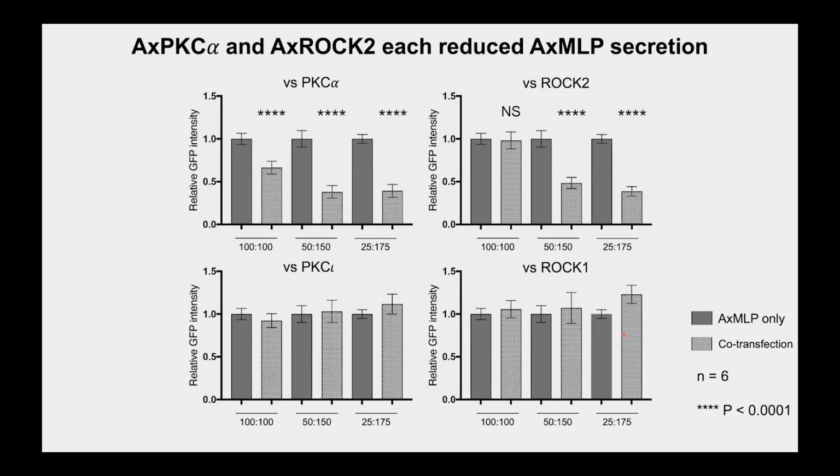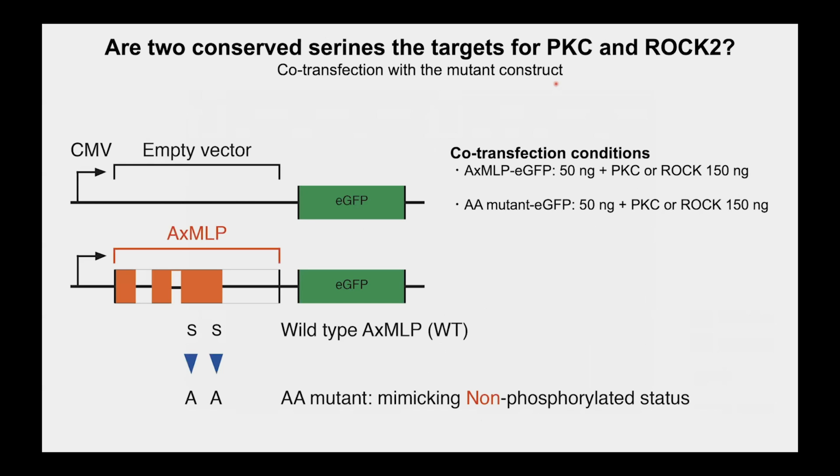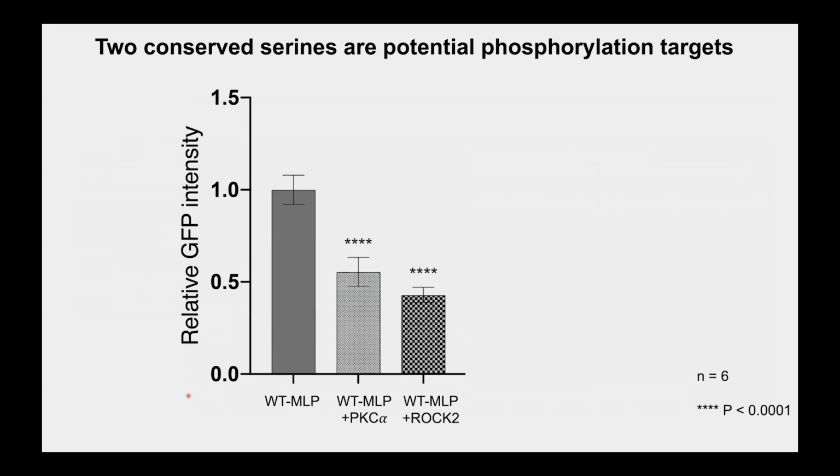And interestingly, these two serine sites that Takuji had mutated have very good consensus sequence sites for PKC alpha and ROCK2, which have a very similar phosphorylation consensus sequence. So then he also asked, okay, now I have this mutant that mimics the non-phosphorylated form, and it would not be a target for these kinases.